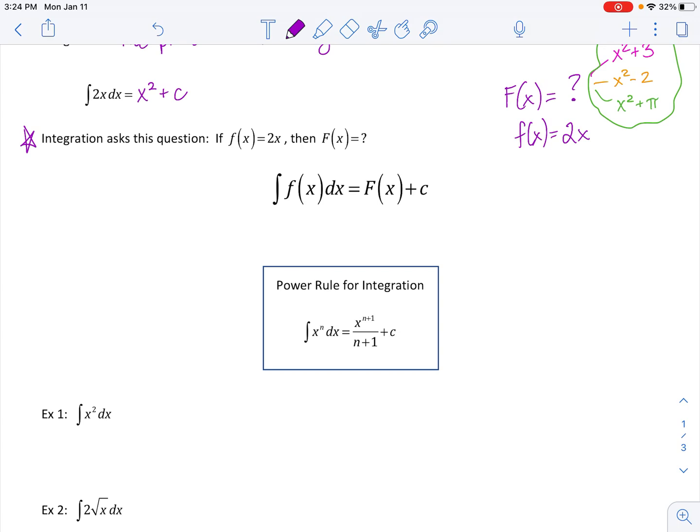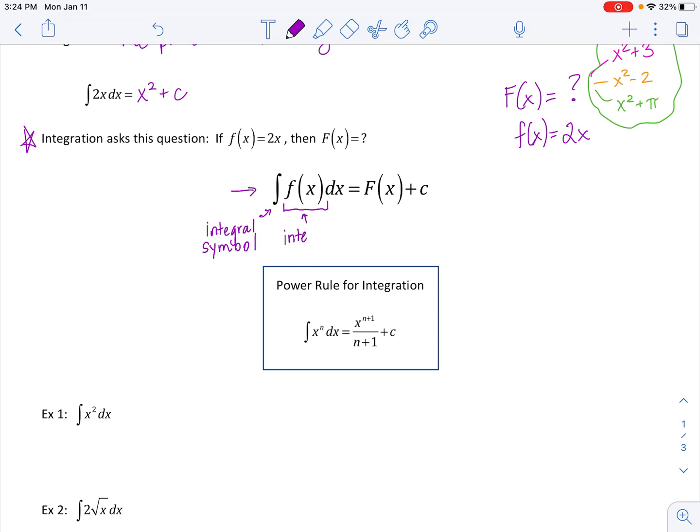Looking at this notation, you see this integral symbol right there. It is just a long, skinny S, like a candy cane on both ends, like I said. And this function in here is called the integrand.